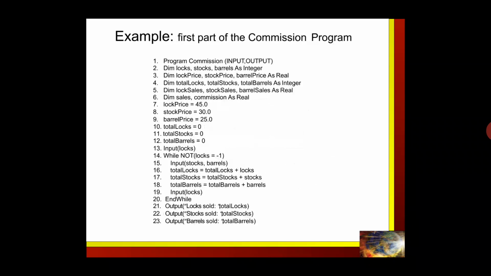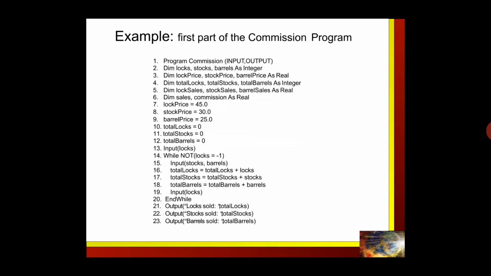It gives some idea about the program commission function, which accepts two parameters, input and output. The statements 2, 3, 4, 5, 6 are all declarations only. There is no definition, only declaration.